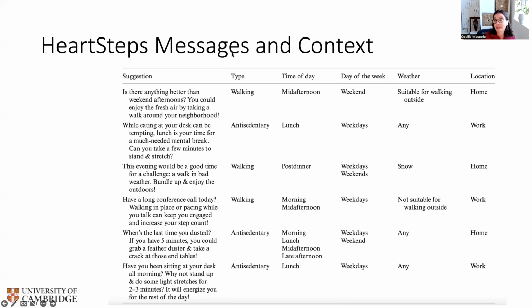The weather, obviously: if it's raining very heavily, they wouldn't send this, and they are sending it if your location is at your home, so you can go and walk in the neighborhood. All of this list, which you can read in your own time, is also dependent on the context that can be collected in different ways, simply through time of day and weather.